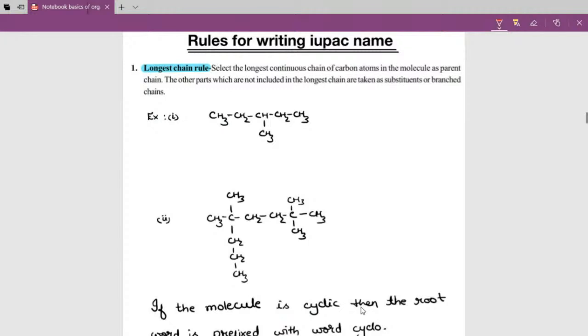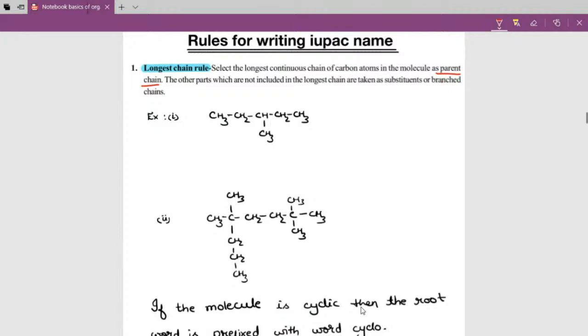There is no rule like horizontal or vertical or zigzag, any possible direction, but it has to be a continuous carbon chain without any heteroatom breaking the continuity. Select that longest continuous carbon chain in the molecule as the parent chain, and all other parts which are not included in the longest chain will later be taken as substituents or the branched chains.